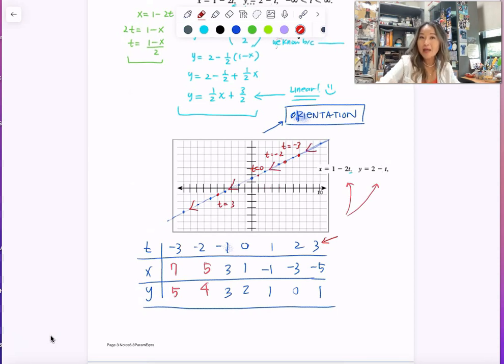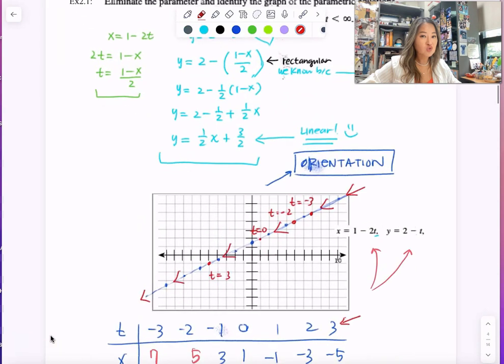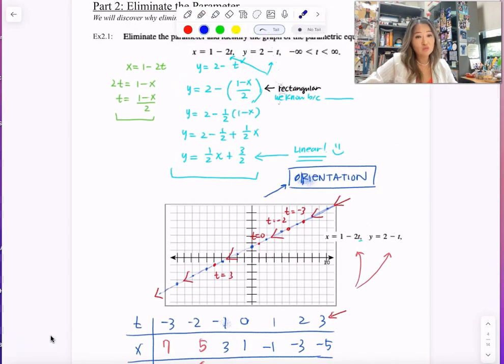So do you see what the power of parameters is, that it shows orientation, okay? So before you didn't know orientation, but now we have more information about this particular situation and the way that it's traveling. So we could have predicted that it was traveling this way, but actually, in fact, we're not.